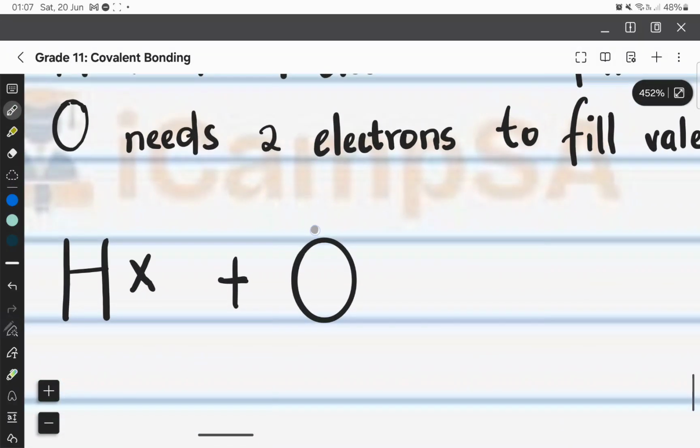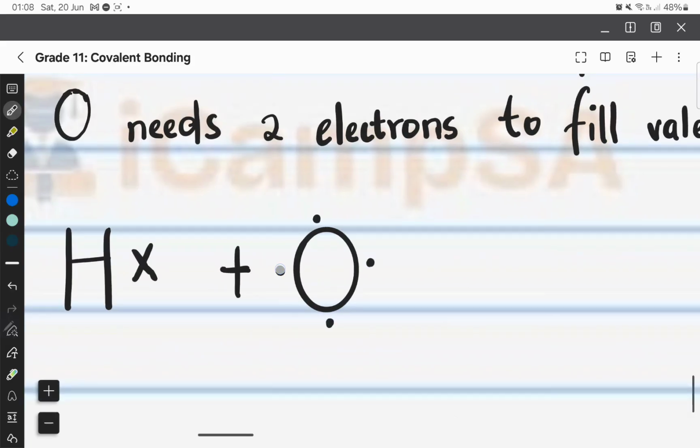So let's start: 1, 2, 3, 4. We go back again, 5, and since I'll be joining the hydrogen atoms from left and right, let me label 6 here.